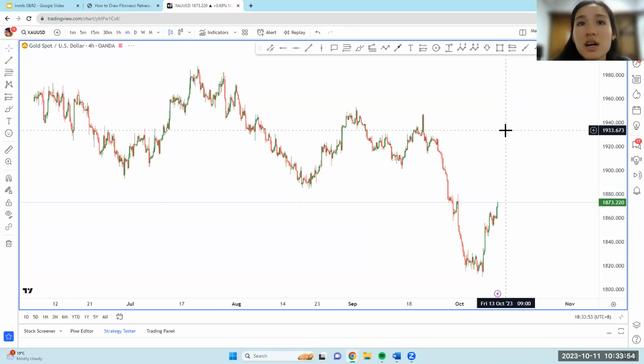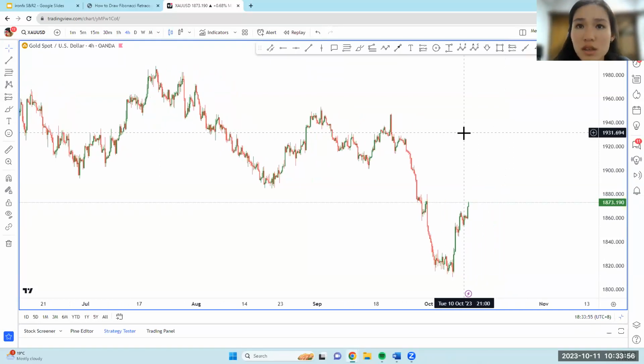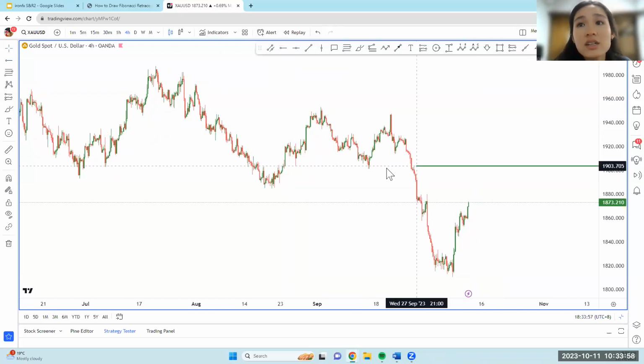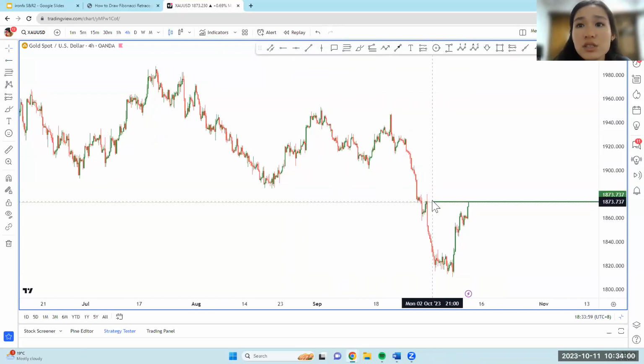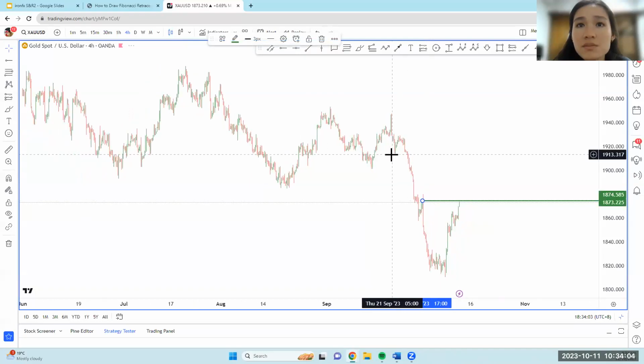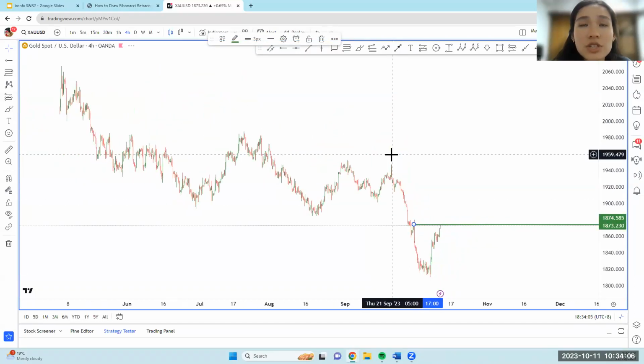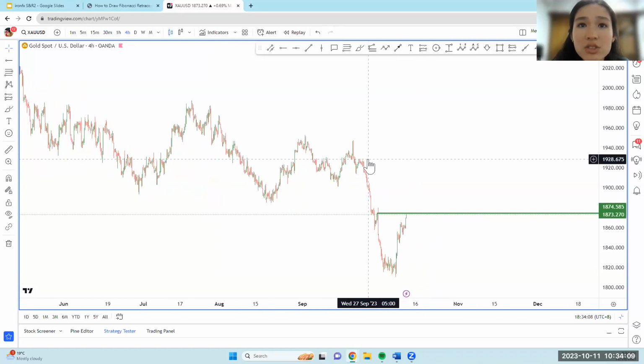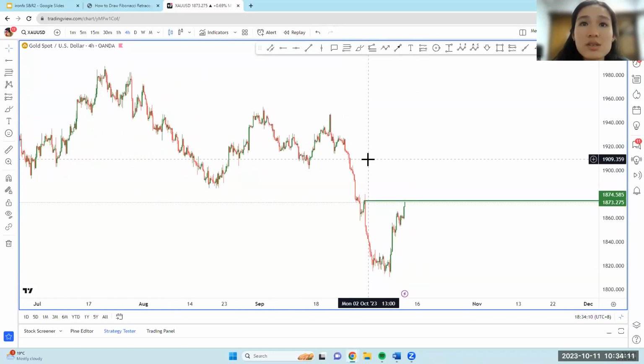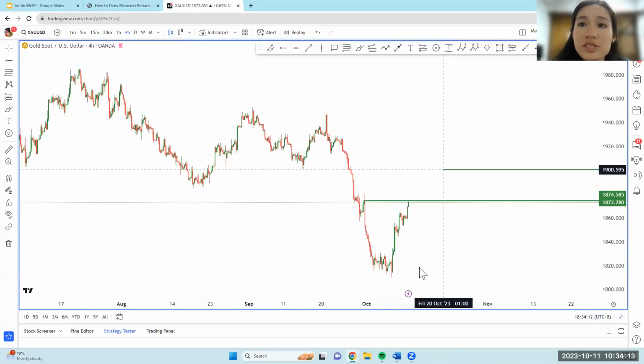We don't have any trend channels or trend lines, but we will just go ahead and add some support and resistance levels now.